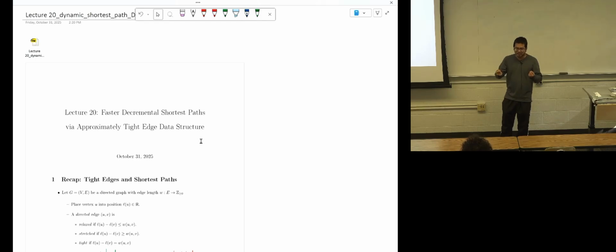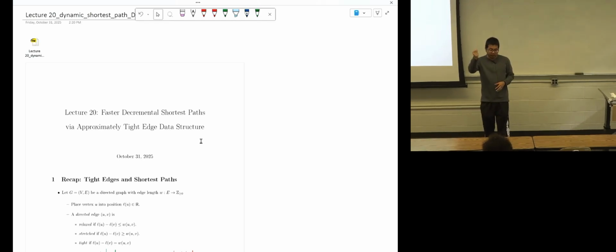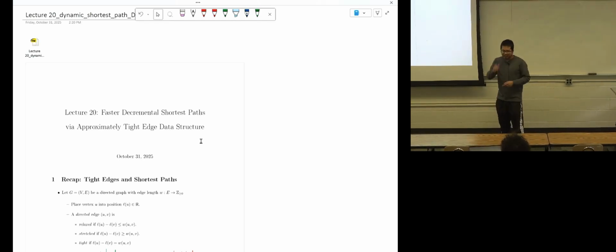They are both based on a core data structure, which is to maintain the TightEdge data structure, and there is another one called Approx TightEdge Data Structure, and I actually updated this one in the lecture notes. So all these 4 lecture notes are updated, and you can have a look. I'm just going to go through them quickly today, how I updated it and how it improves things a bit.